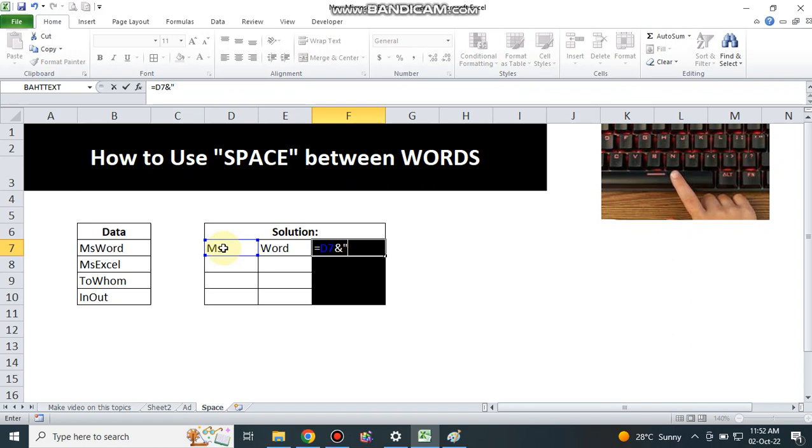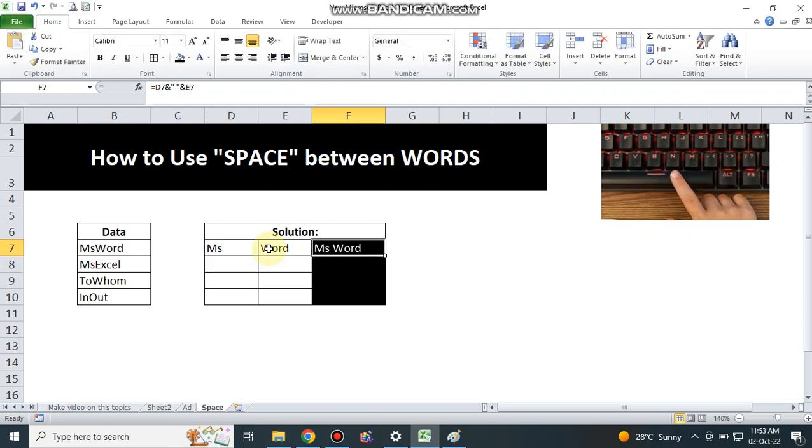Whenever I use a space or digit, I have to use quotation marks, then I press the space button, then again quotation marks to close it, and press and again and merge with the word and press enter.